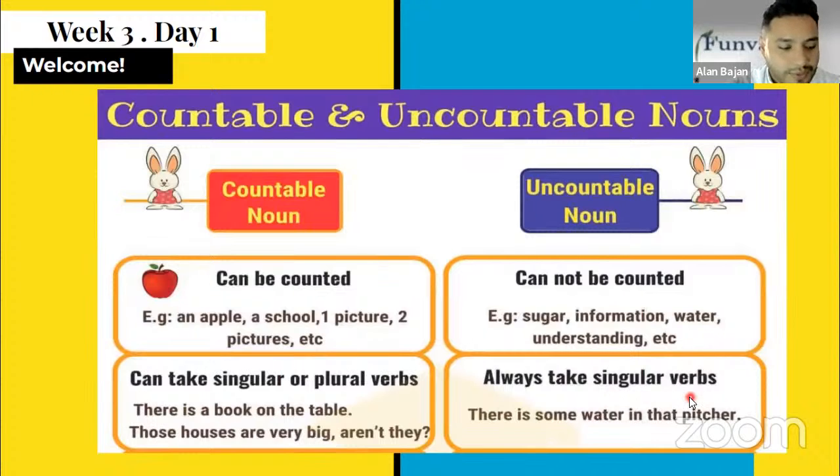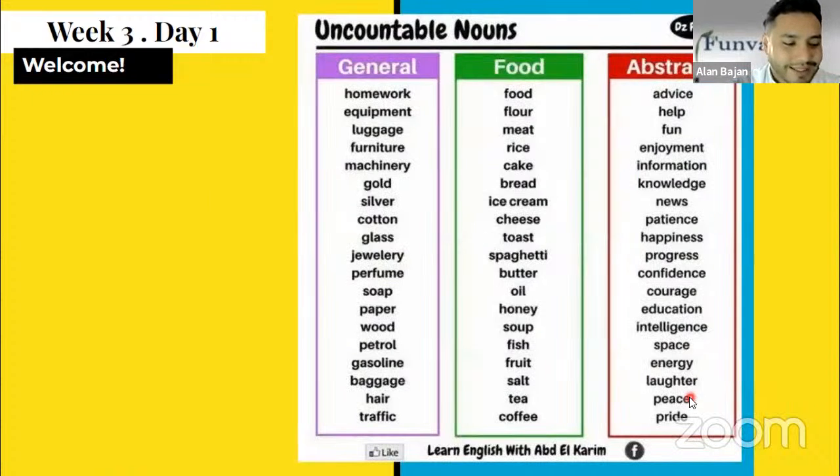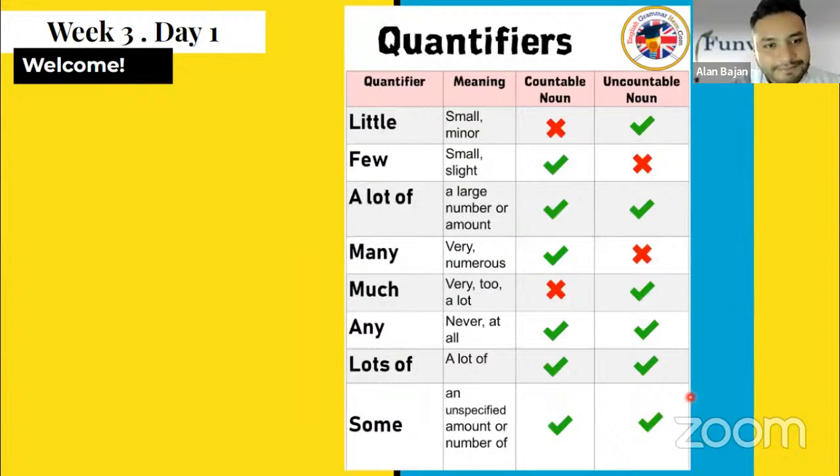So we will learn some quantifiers. Valesca, and how can I say tengo dos panes? No puedo. How can I say tengo dos panes? O nunca puedo decir eso porque no se cuentan. I have 2 pieces of bread, 2 slices of bread. Okay, thank you.